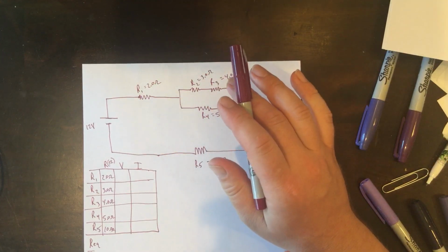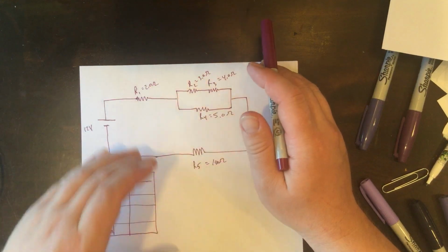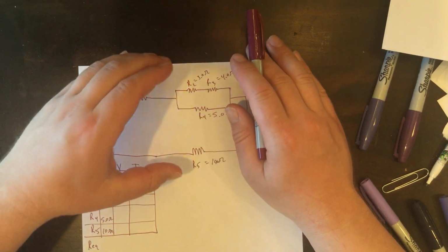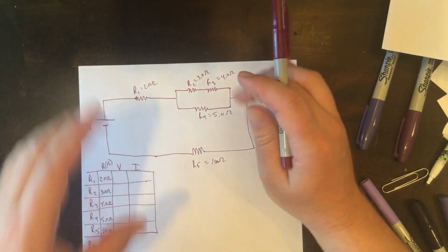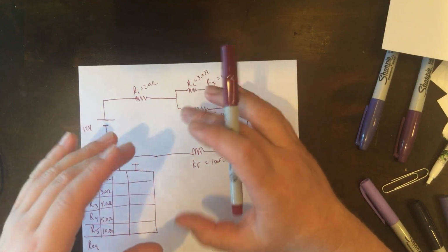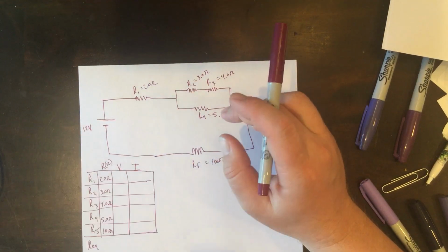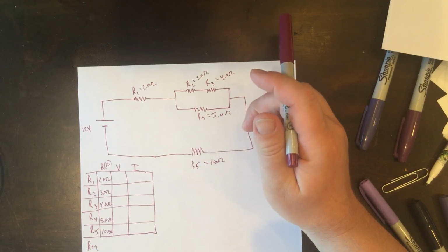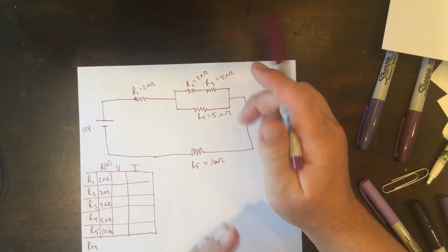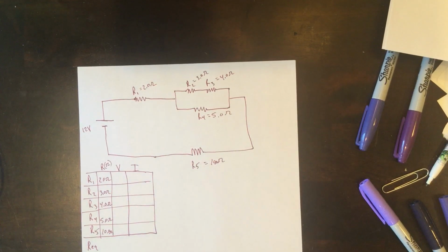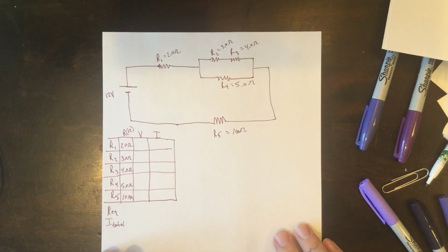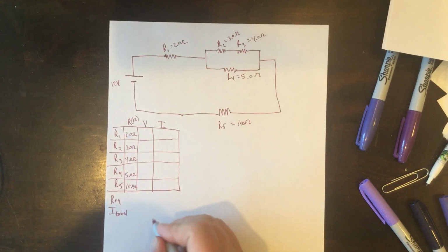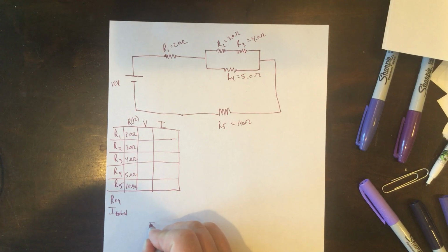It'd be very complicated. So what we'll do is make a series of pictures, and basically the idea is you make picture after picture after picture, dwindling the circuit down to look more basic, and then we'll work our way back up through the pictures to get these values. Okay? See if that makes sense after I do the next drawing. So we're still going to have our same setup here.